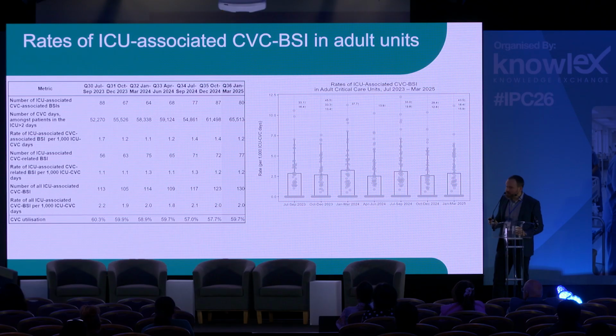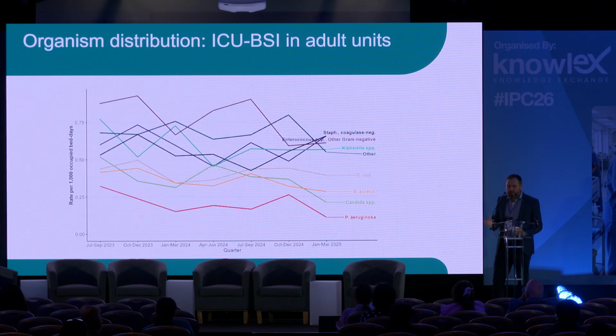We also monitor the central line associated bloodstream infections. Again, if you look at the bottom row of that table, there's a fairly consistent pattern of around 2 central line associated bloodstream infections per 1,000 CVC days. The other thing that we monitor is the pathogens.